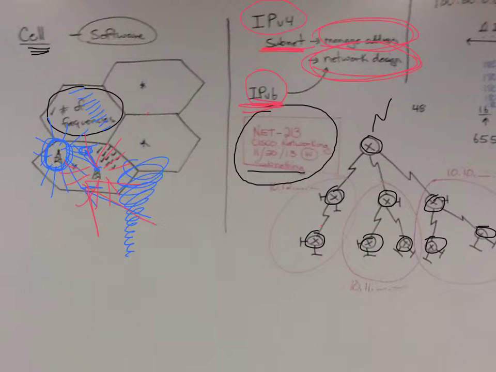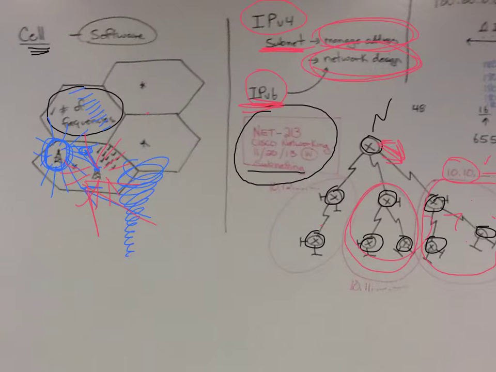What we did was we said maybe this whole group over here would be a 10.10.something. So then this router, if it needs to send something to any of these networks, no matter how many are here, can send it to 10.10 whatever. So we only need one route here to take care of all this. Same thing here.